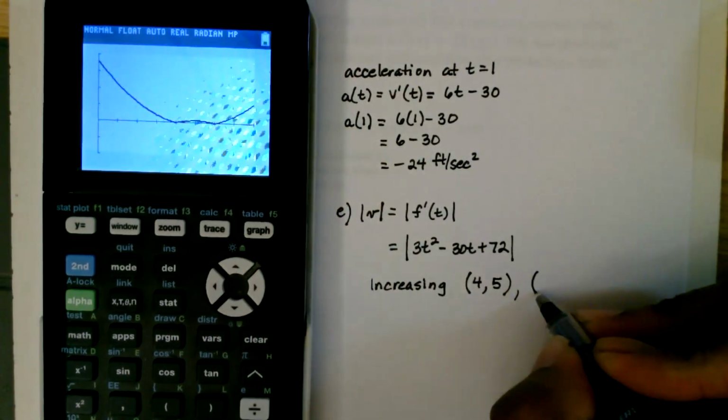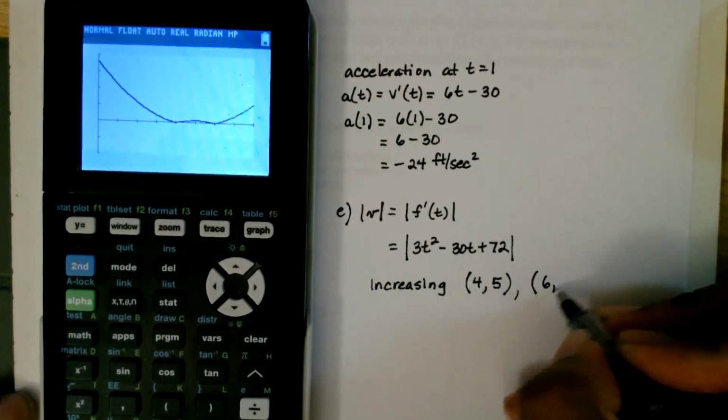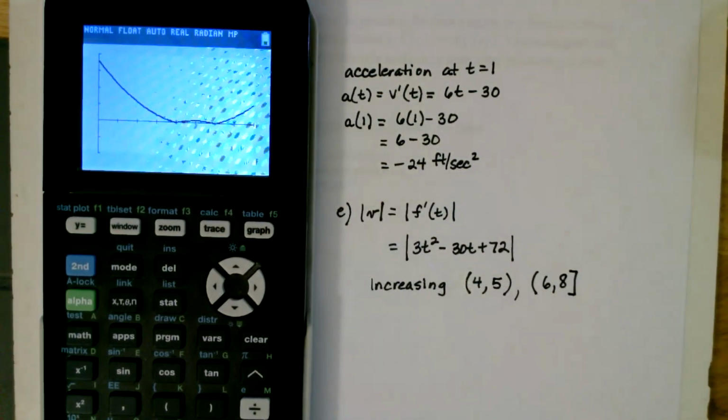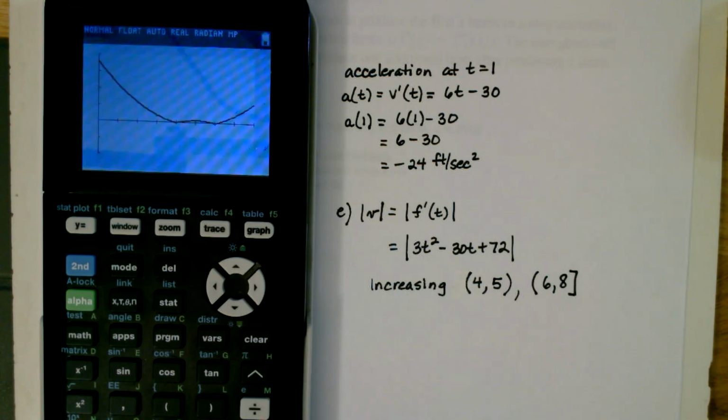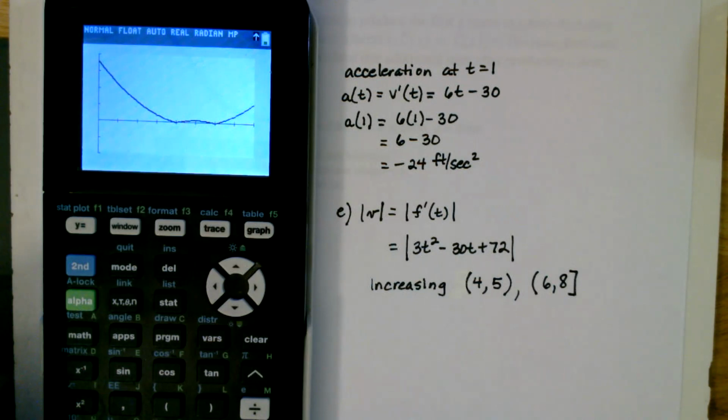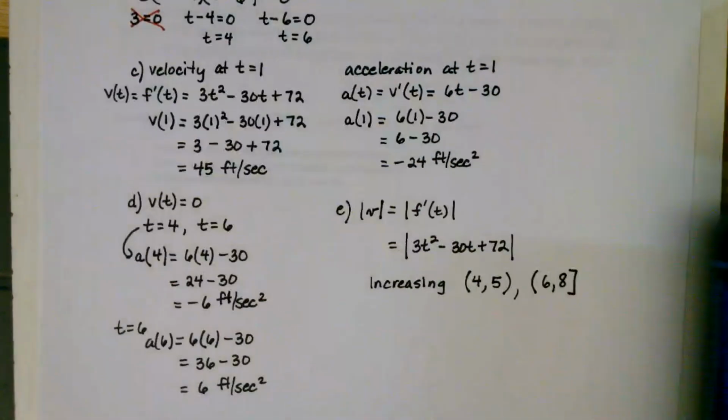So from 6 up to the limit of 8, that's when the graph is increasing, or the speed is increasing: between 4 and 5, and between 6 and 8, where 8 is included. Okay. Right, so that's how we do example 2.